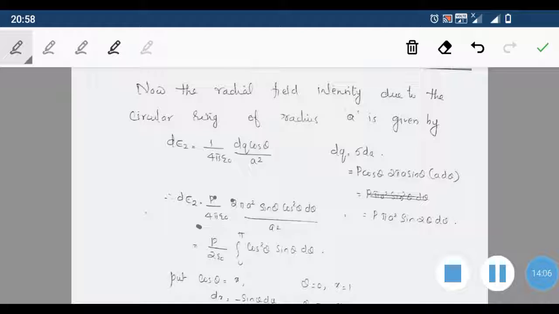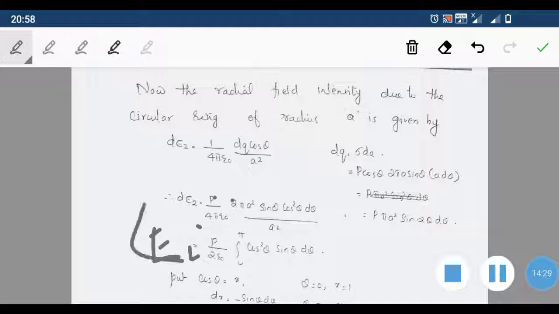Then this total field, this is E2, total electric field. E2 is nothing but the integral of this from 0 to pi, that is, the angle can vary over the ring, circular ring, this theta can vary from 0 to pi, into cos square theta into sin theta d theta.